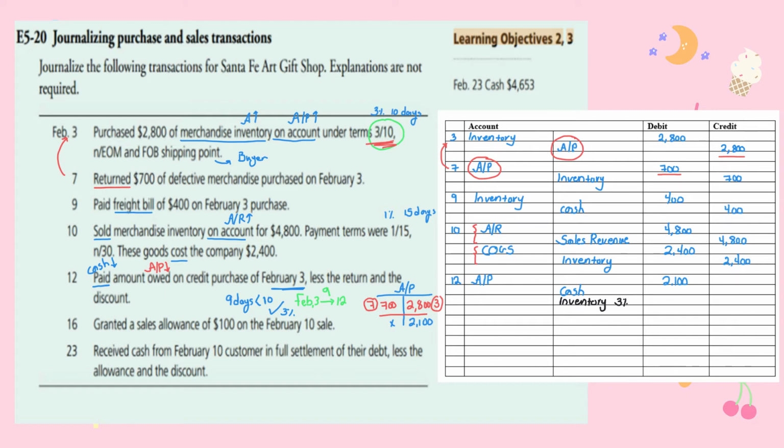So 2,100 times 3% is 63. So this is the discount amount. So the cash will be the difference between 2,100 and 63. So I'm going to pay 2,037. This is the cash I'm going to pay.